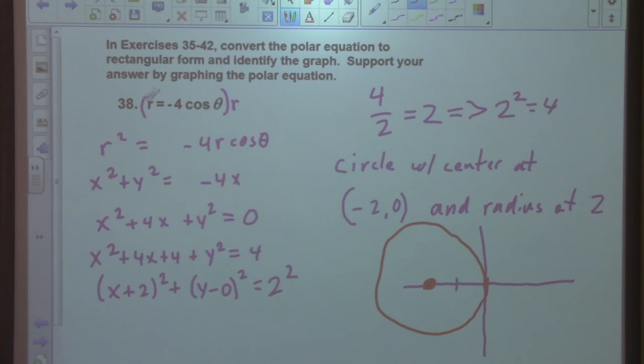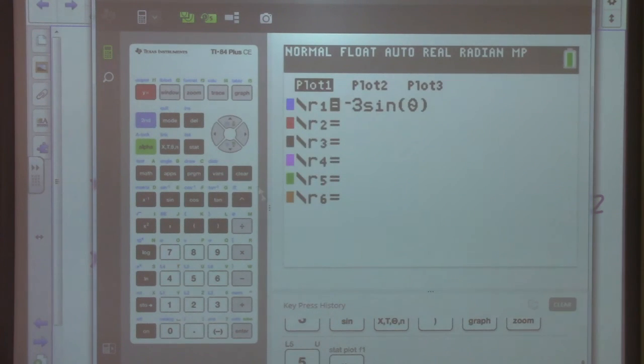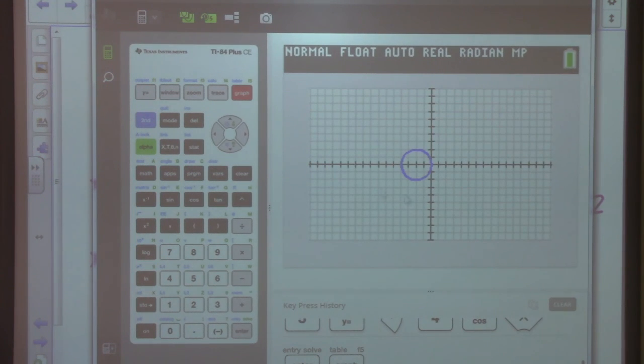So let's go and put that in the calculator. r equals -4 cosine theta. So I'm just going to change this to -4, put this cosine theta. That's it, right? And then let me turn off that plot. And then graph. And that's it, right? Okay, good.